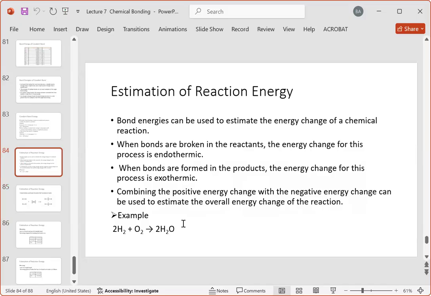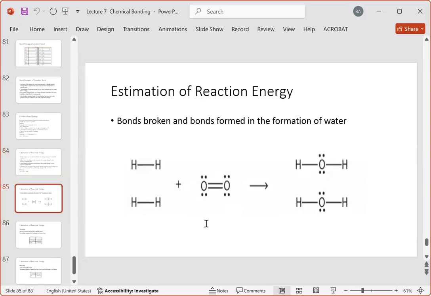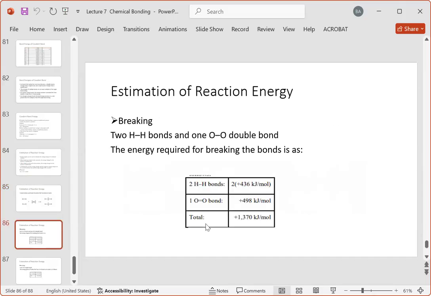Then two hydrogen bonds is 436 kilojoules per mole, and one oxygen double bond is 498 kilojoules per mole. So the total will be this for the first, the endothermic reaction.